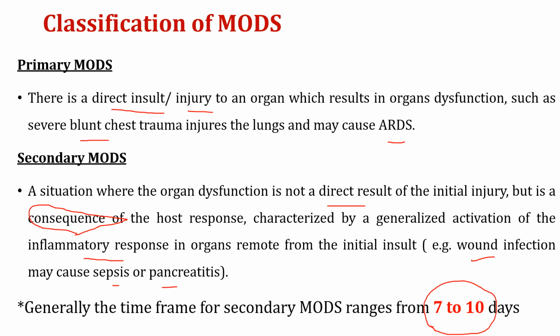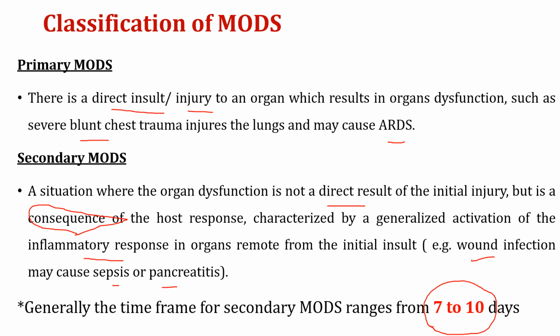While secondary MODS is a situation in which organ dysfunction occurs as a consequence of another insult or another condition occurring to the patient, such as host response impairment, which is mainly characterized by generalized activation of the inflammatory response in organs remote from the initial insult, such as wound infection, which may predispose to sepsis or acute pancreatitis.